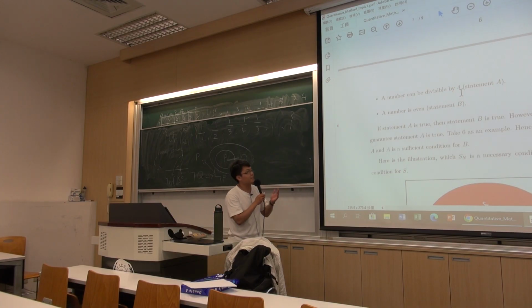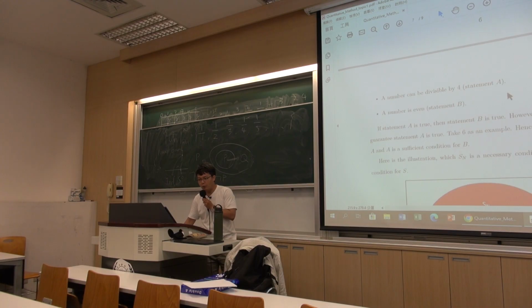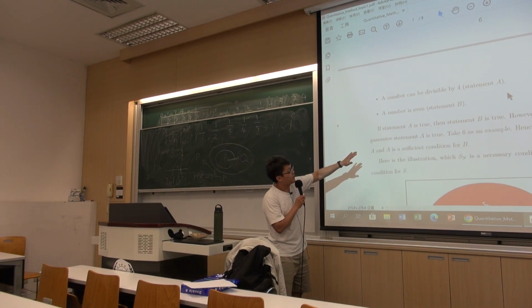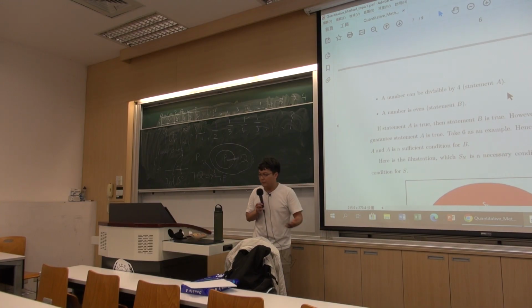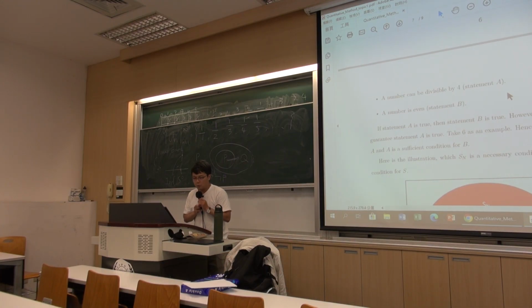The first statement A says that a number is divisible by 4, and the second statement B is that a number is even.